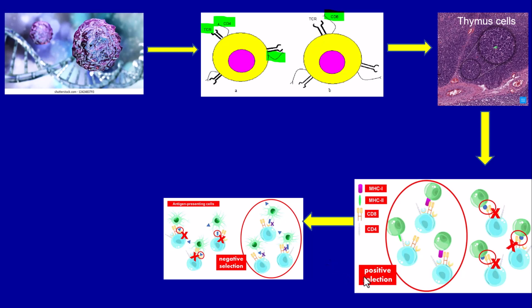But if they are not developed properly, the receptor or the molecule on any cell, when they are not developed properly, they are rejected, and this is called negative selection.